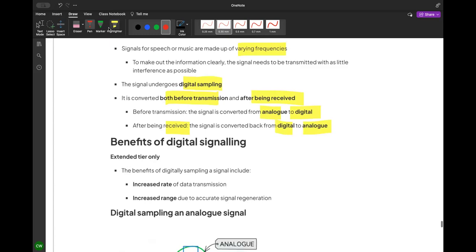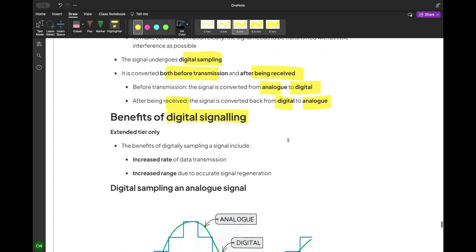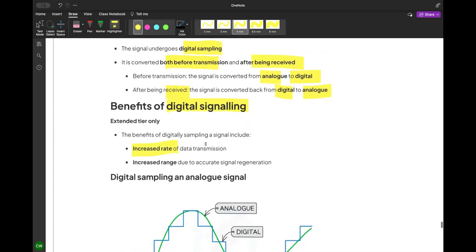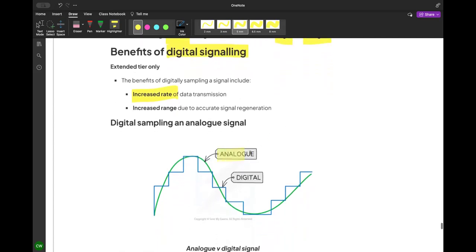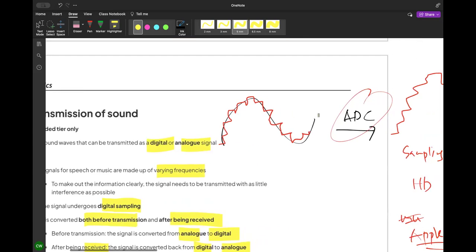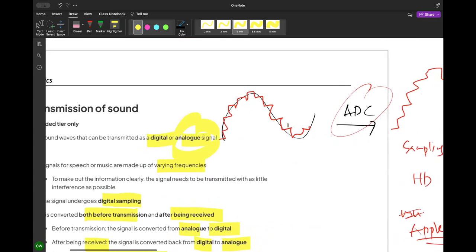Digital signaling. What is the advantage of digital? Analog, digital, so this is digital sampling. Rate of data transmission. Because we know if it's in analog form, it cannot go far. Your music cannot go far.